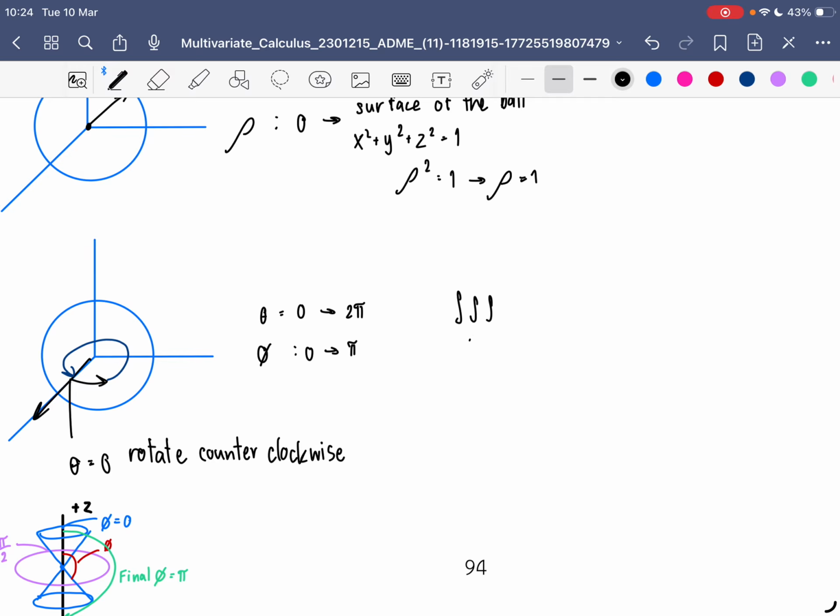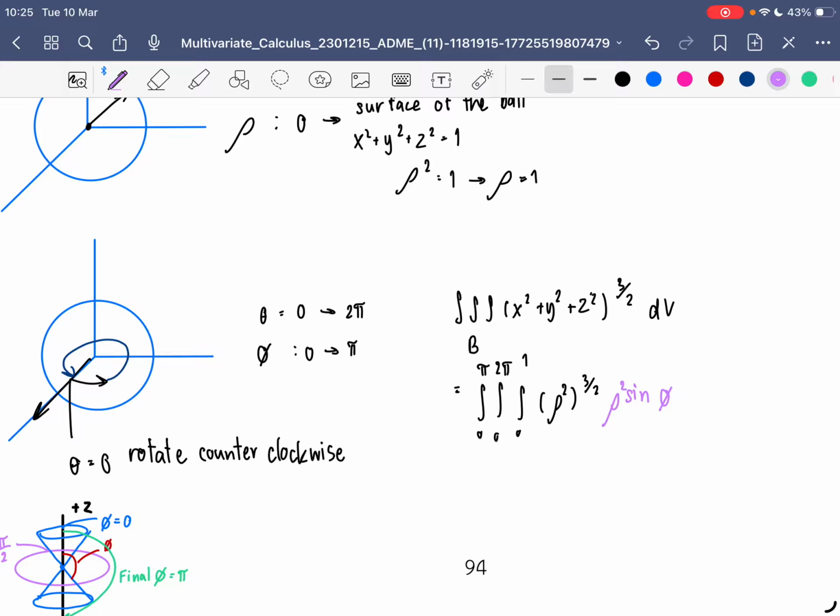The rest we integrate. Rho squared to the 3 over 2 is rho cubed, multiplied by rho squared is rho to the fifth. Sine phi d rho d theta d phi.